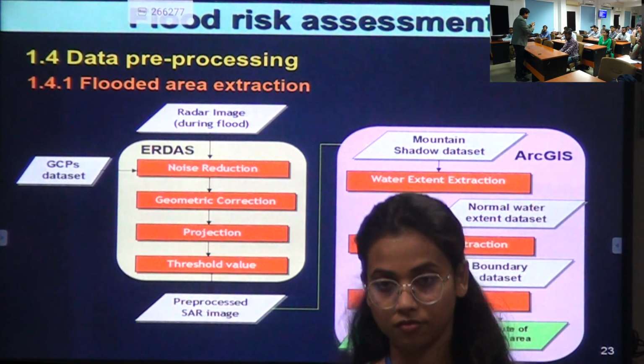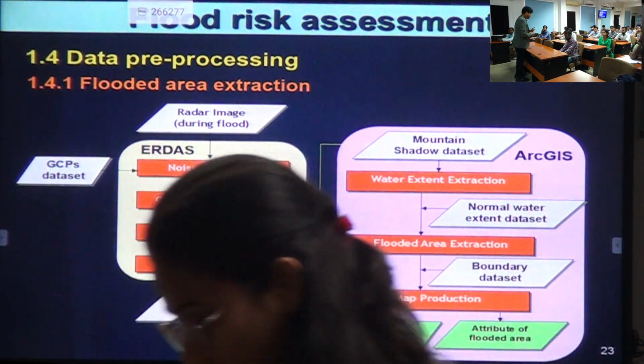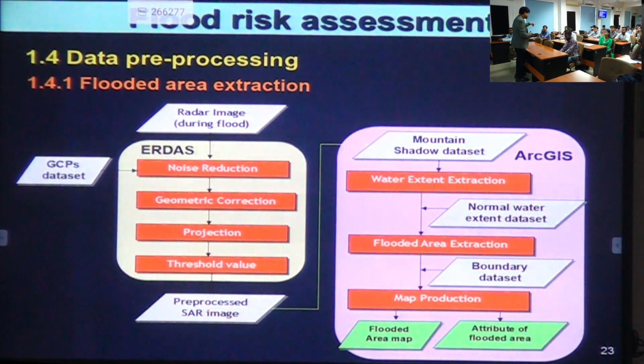If you are going to have multiple events, 30-40 events in the last 30 years, with hundreds of images, you would be doing it one by one. So we wanted to automate the process, build a model, all batch processing. Are you understanding? Okay, so we came up with a threshold value.